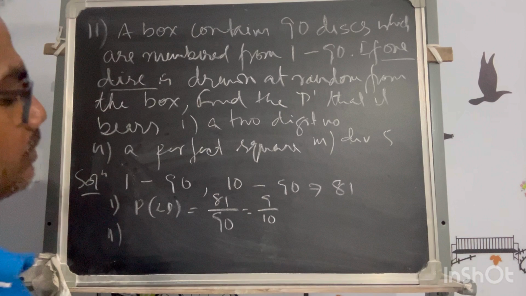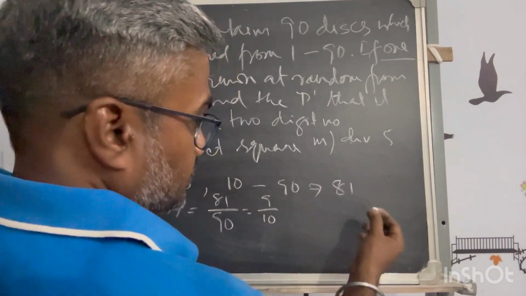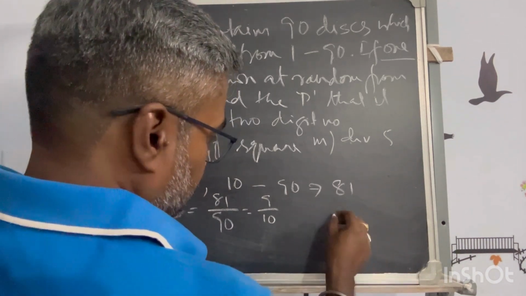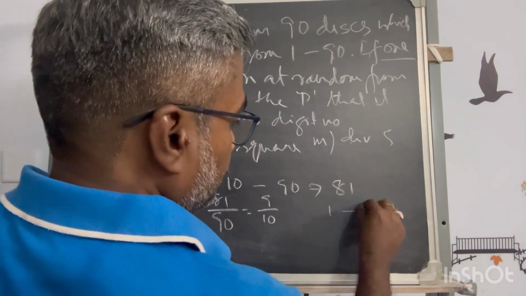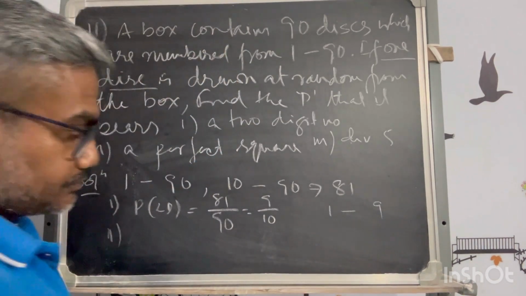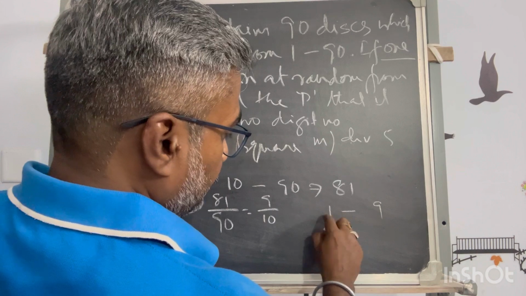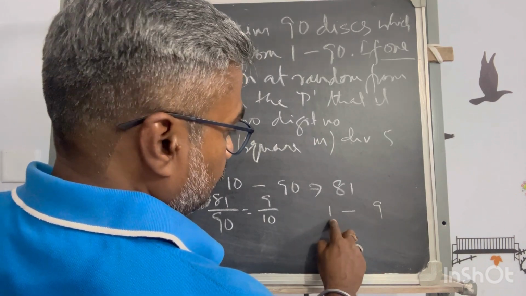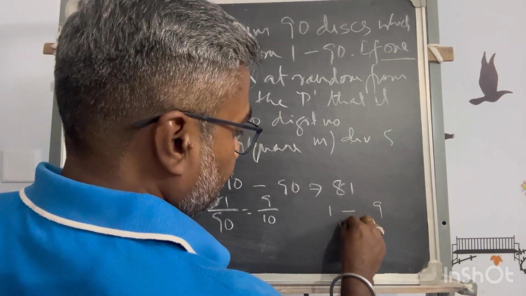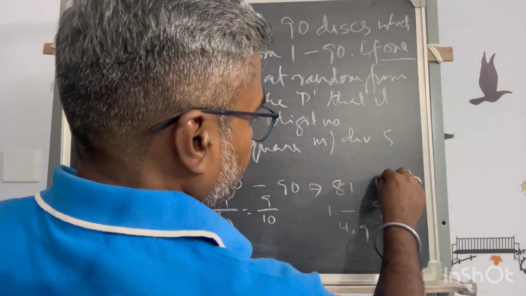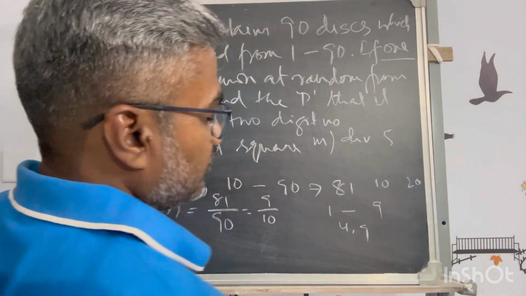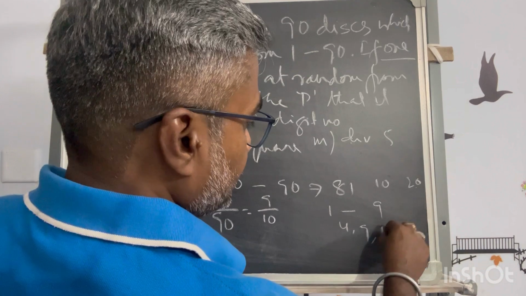In between, what are the perfect squares? From 1 to 9, the squares are 4 and 9. Then from 10 to 20, your perfect square is 16 only.